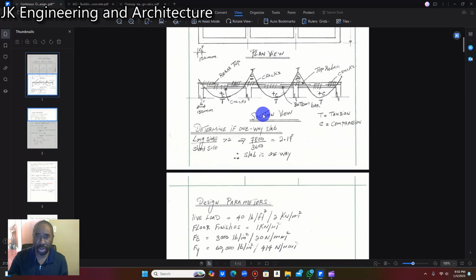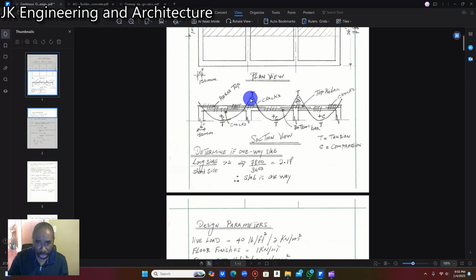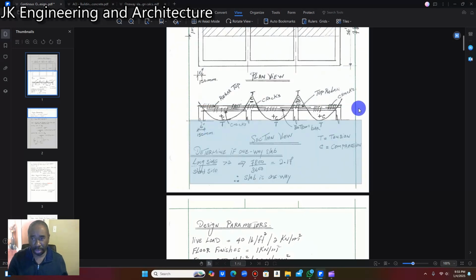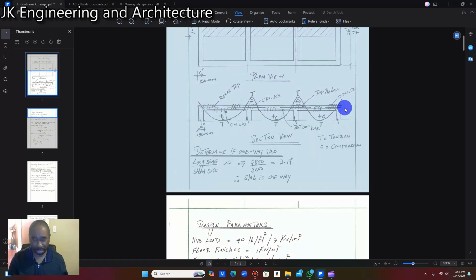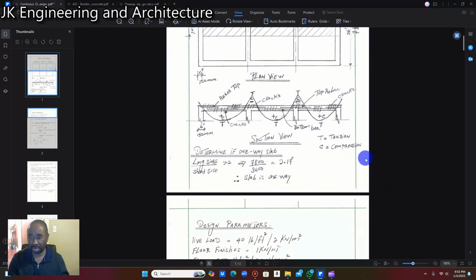So our first interior support is going to be right here, and our second interior support is going to be here, and these two here are going to be our NB: NB left, NB right, NB left. First interior support, second interior support, all right?